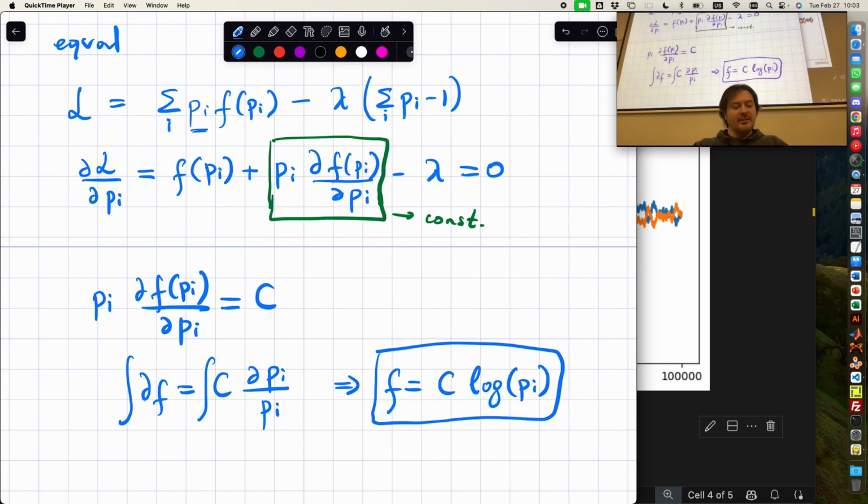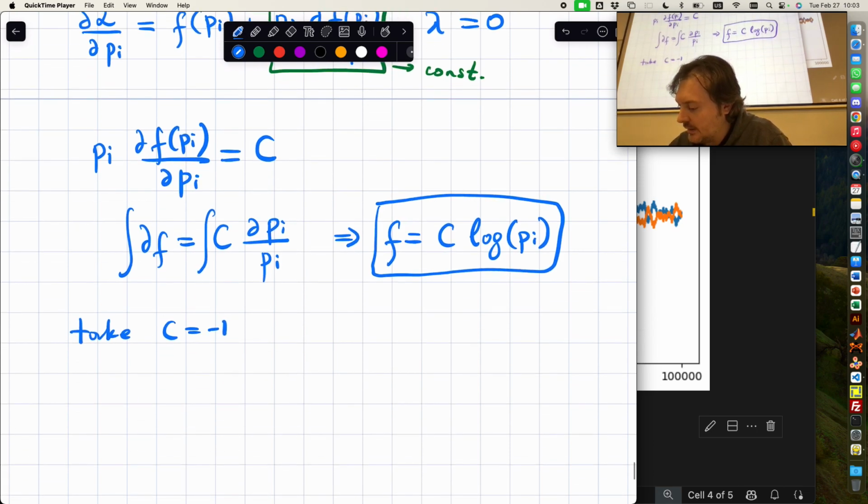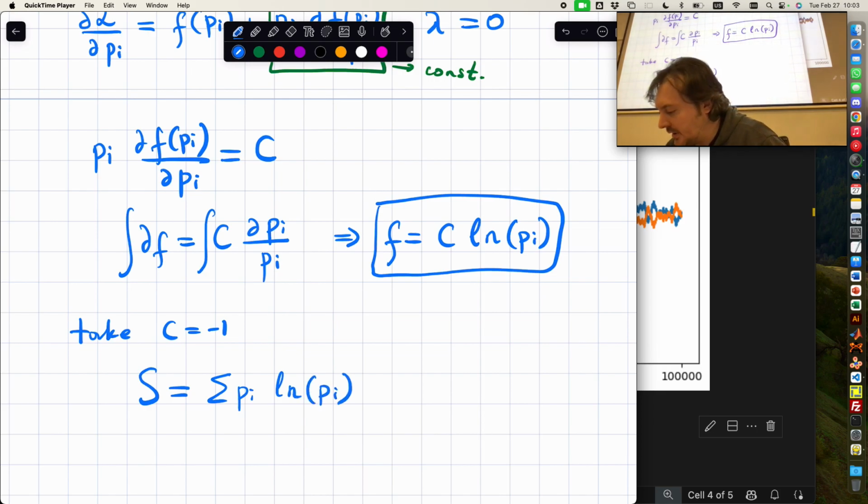Yeah, exactly. So, let's just take c to be minus 1, and your ignorance becomes pi times log. Should I go with ln or log? Which one do you like? Lots of ln fans. With a minus.